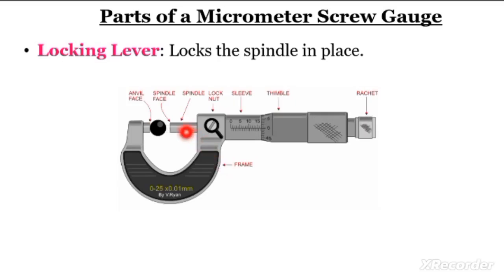So this spindle is locked here, as we can see by the nut. This is the locking nut or locking lever. Its function is to make sure that the spindle is held nicely without making unnecessary movements.